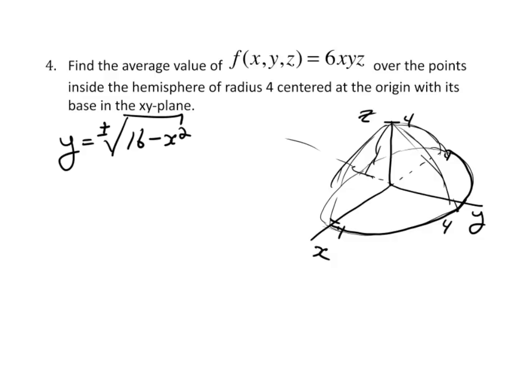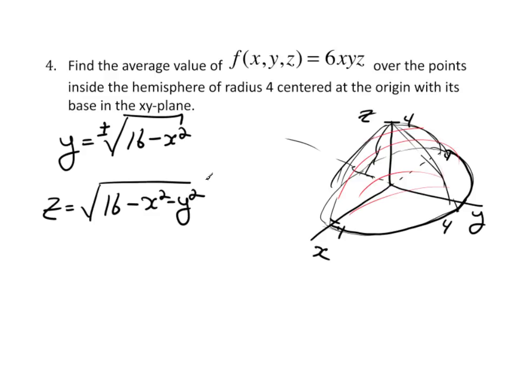Now this top piece, the actual sphere itself, I can think of as z equal to the square root of 16 minus x squared minus y squared. That will give me this upper sphere.